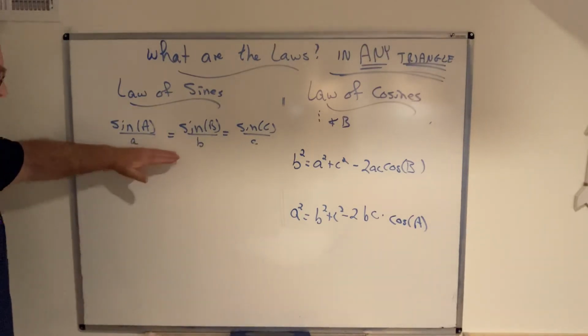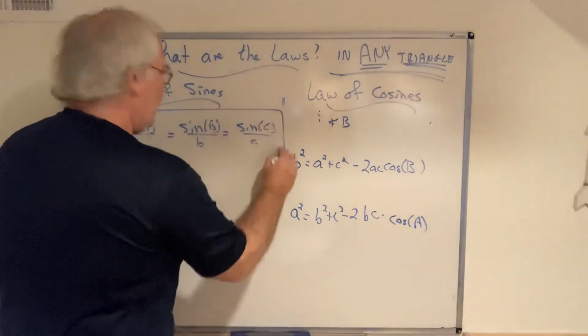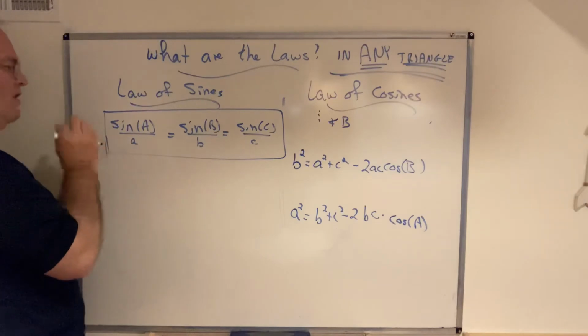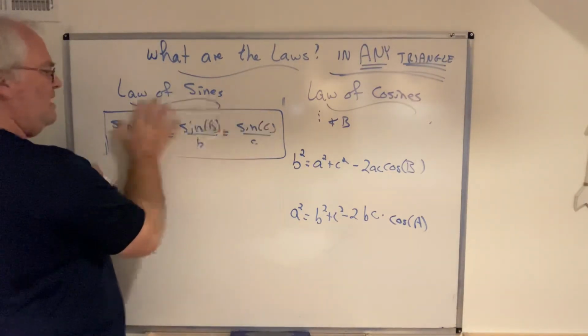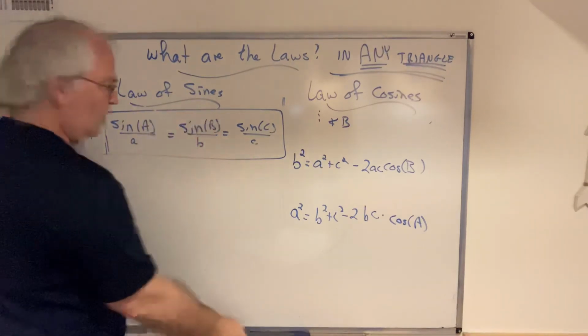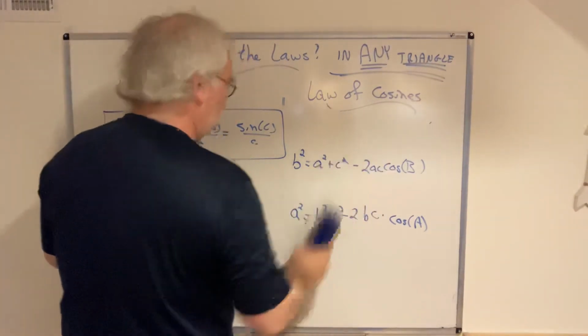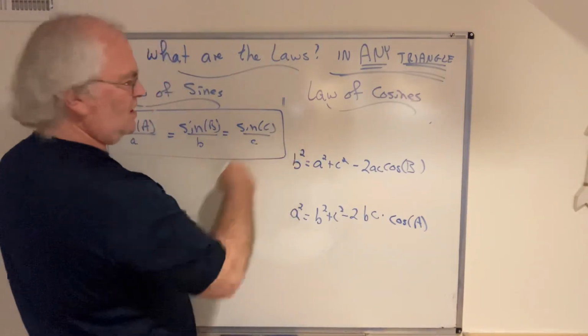So the law of sines is one law, but it shows up as this extended statement, and there actually are three equations here. The law of cosines, there actually is only one law, but it shows up three different ways. We might as well list our third way.